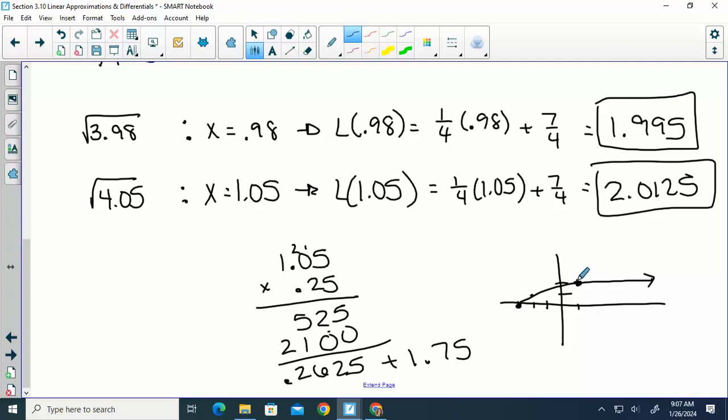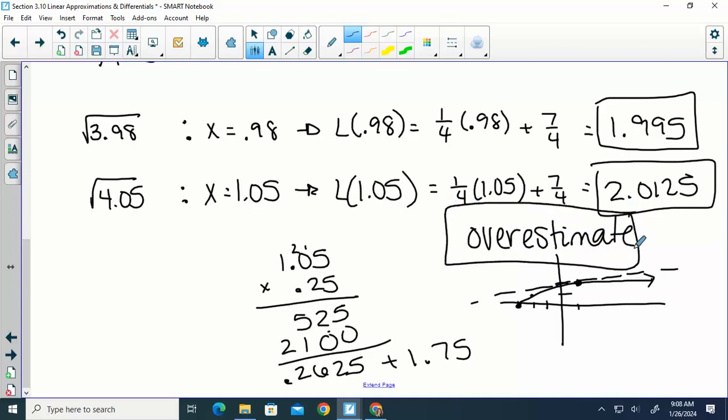Above. So what that means is our approximations are higher than the actual values. So these are over approximations, or overestimates. If your tangent line was below your graph, it would be an underestimate.